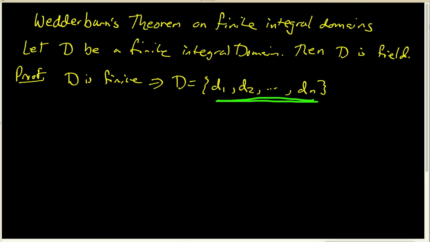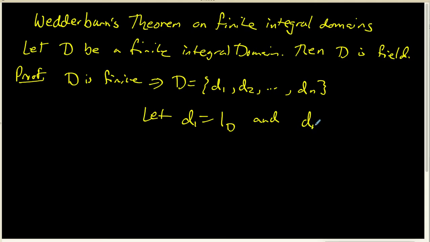It turns out that there is some convenience in letting d1 be the multiplicative identity for our domain and letting the last one on the list be the 0 element inside our domain.